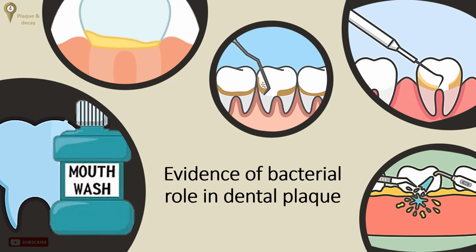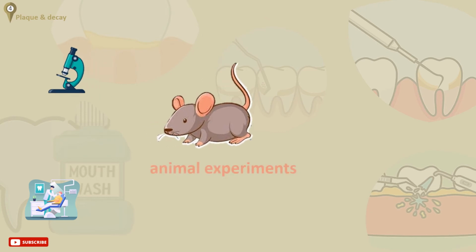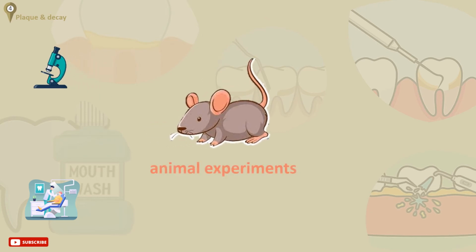Now let's see the evidence of the bacteria's role in dental plaque that can lead to tooth decay. In vitro, incubating teeth with plaque and sugar in saliva results in caries development. In animal experiments, germ-free rodents fed a cariogenic diet didn't develop any caries.